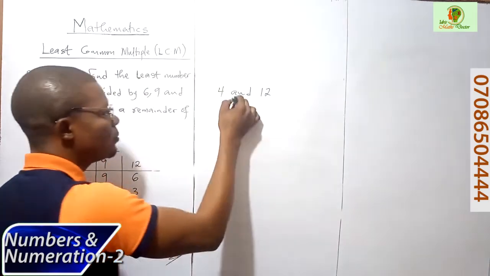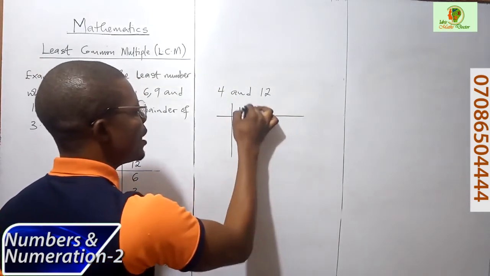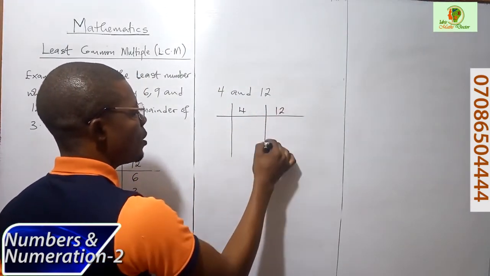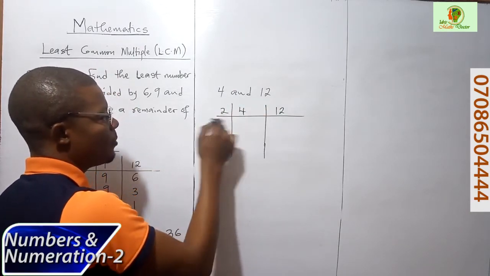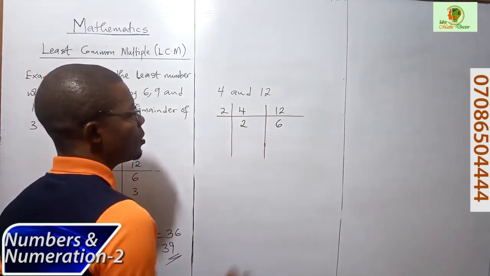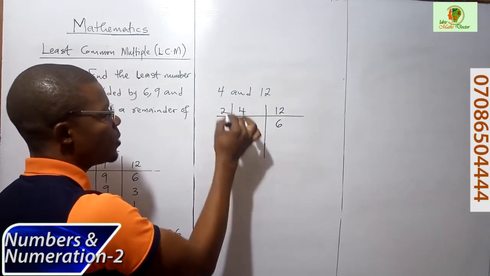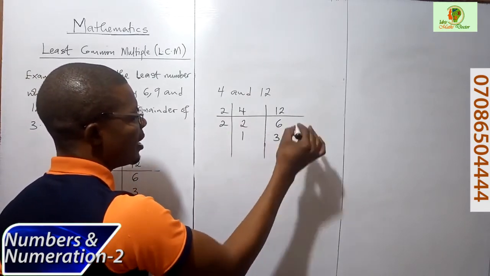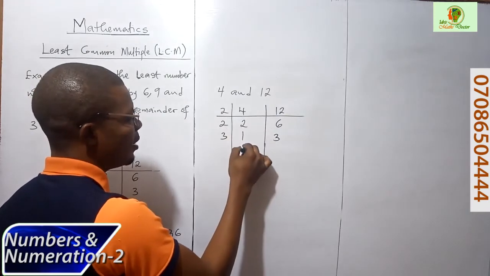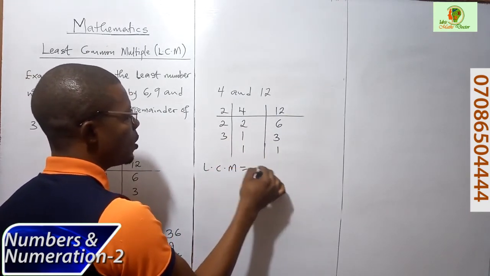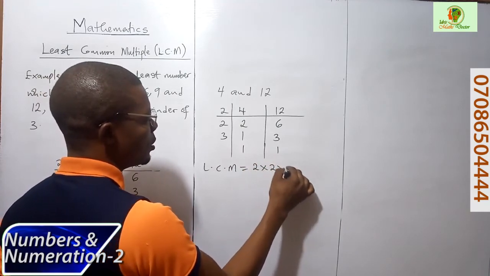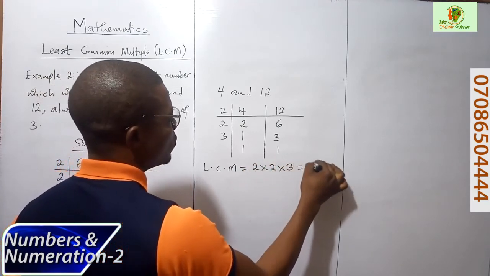I can show you the LCM of 4 and 12. Remember, the number here must always be a prime number. That gives us 2 and 6. We use 2 again, 1, 3. We make use of 3, 1, 1. So the LCM equals 2 times 2 times 3, and that gives us 12.